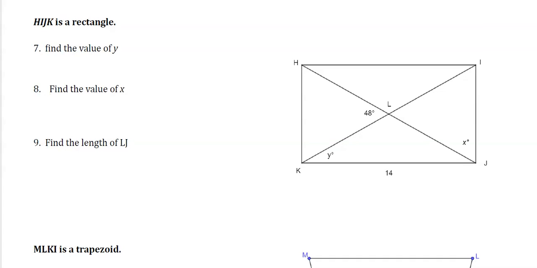Keep on moving. Number 7, HIJK is a rectangle. I think I actually fixed this, but on the quiz there were 2 Ks, but it really didn't screw anything up as long as you trusted it was a rectangle. Diagonals bisect, and they're congruent. So I got 2 sets of isosceles triangles. I'm going to focus on this triangle here on the left because I know that this base angle has to equal that base angle.